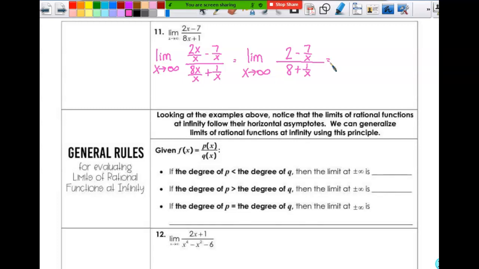So did we at least get to this part of the simplified limit, right? So then when I substitute in my infinity, this is going to give me 2 minus 0 over 8 plus 0. And then that's just going to reduce to 1/4.